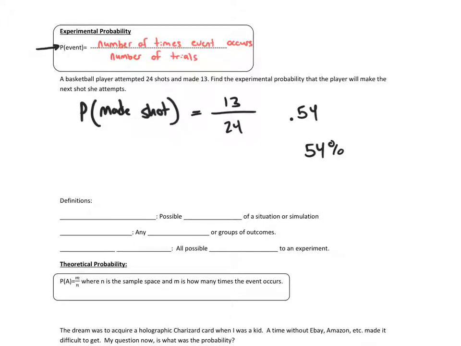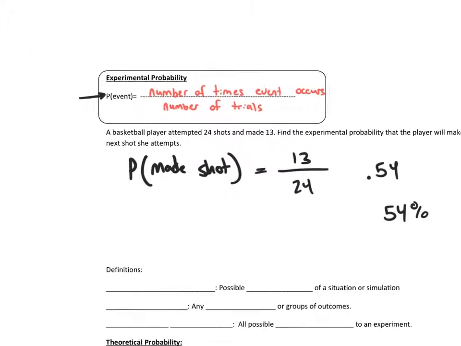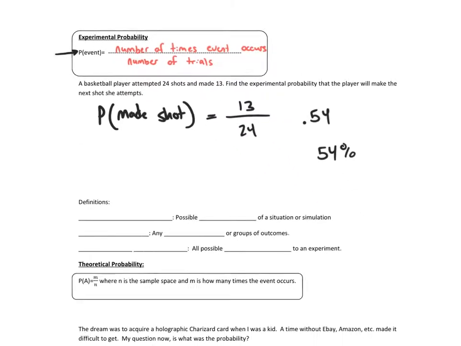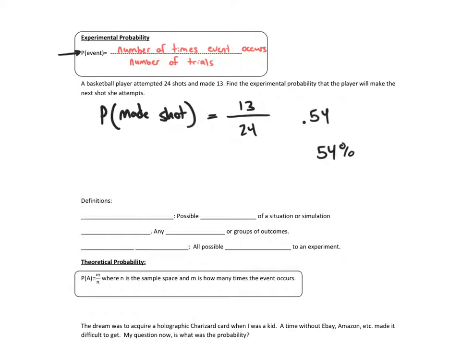So we can find what's called the experimental probability by rolling it a whole bunch of times and figuring out kind of what happens. And that would give us some sort of picture about what type of probabilities to expect. So experimental is when you have to do an experiment to find out what the probability is. It can be very reliable, especially if you do a lot of trials.